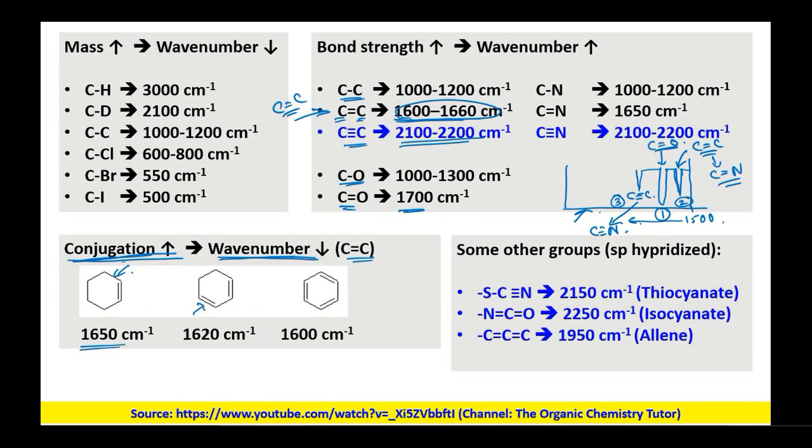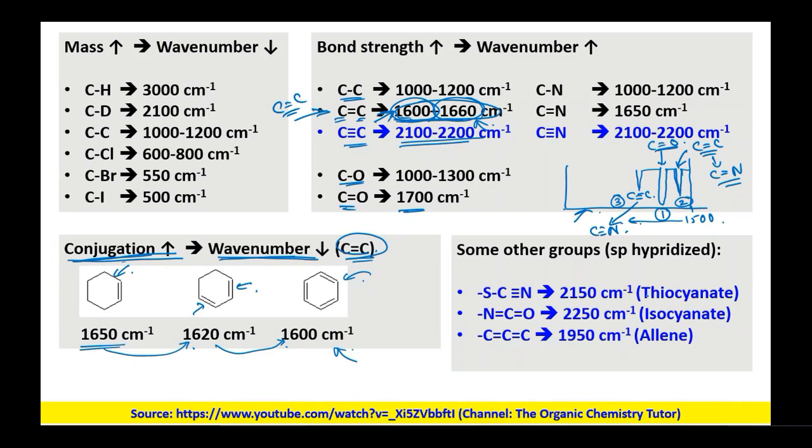Then if we include two double bonds, the wave number reduces to 1620, and when we make it more conjugated by including another bond and convert it into benzene, the C double bond C stretching comes out to be at 1600. So when you have C double bond C at 1600, you will find that it is more conjugated compared to the C double bond C peaks at higher wave numbers.